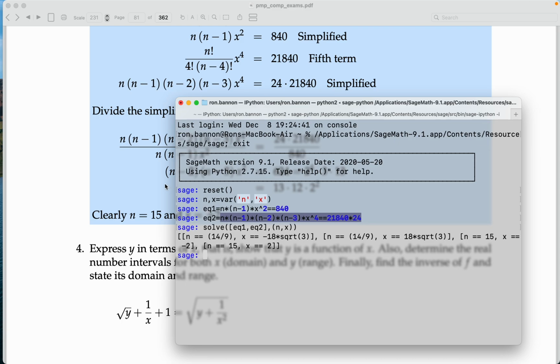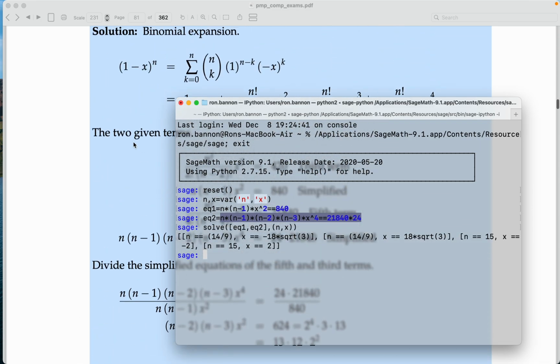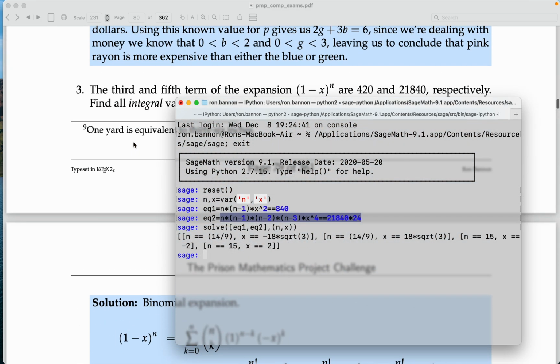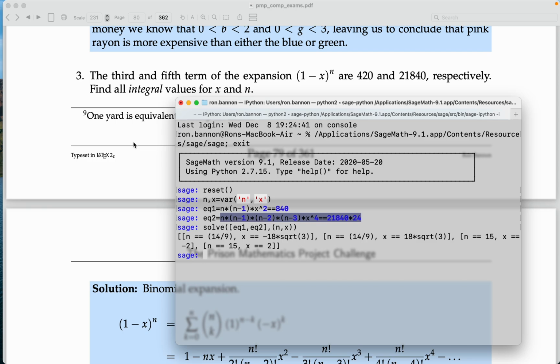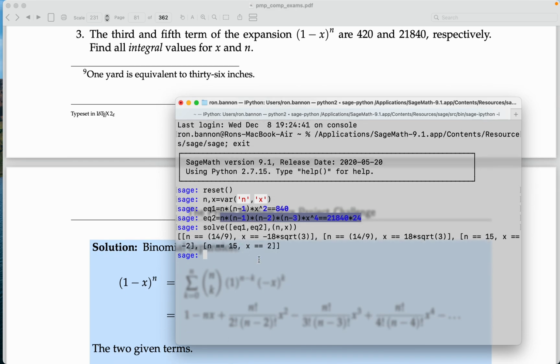Now, someone says, I don't even know what the question was. I want to go back and read it to you. The question is, the third and fifth terms of the expansion, blah, blah, blah, are 420 and blah, blah, blah, respectively. Find all integral values of x and n. So I'm looking at it. This first solution, by the way, these are not integers. That can't be the answer.